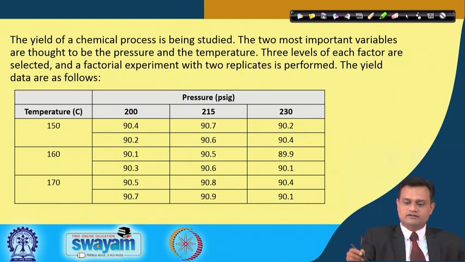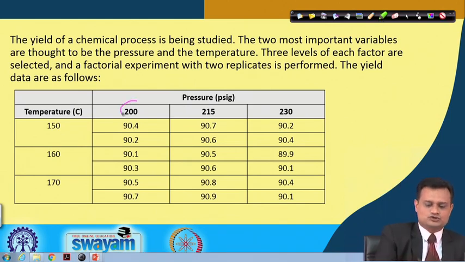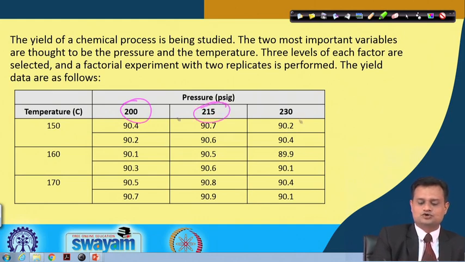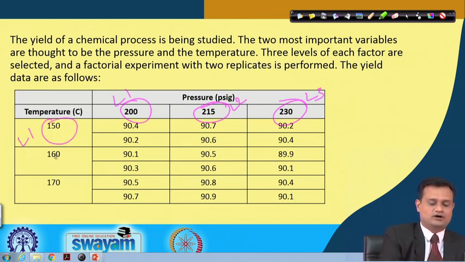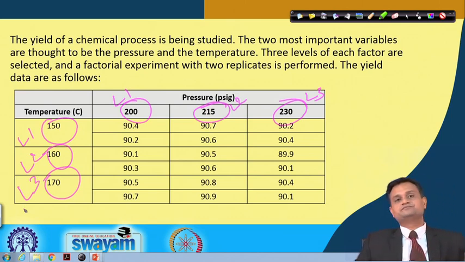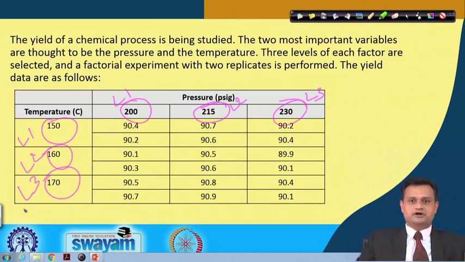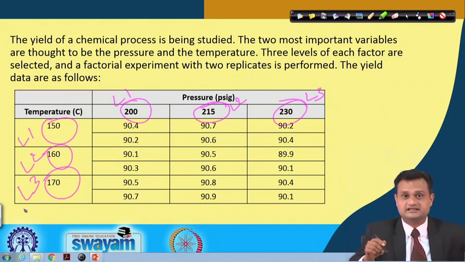When I say three levels, I am considering 200 as one level for pressure, then level 2 and level 3. You can tag them as L1, L2, L3. So I am considering three levels for each factor, and then I conduct the experiment.